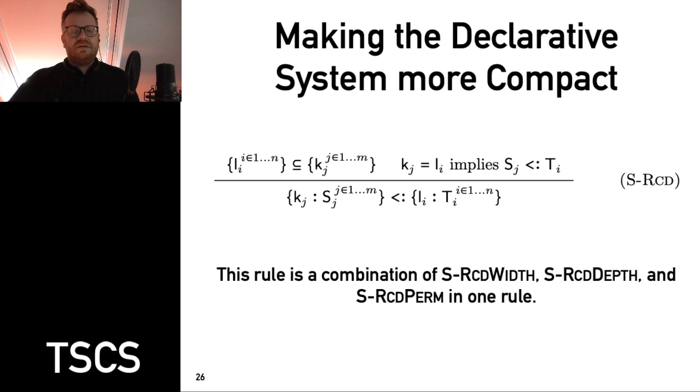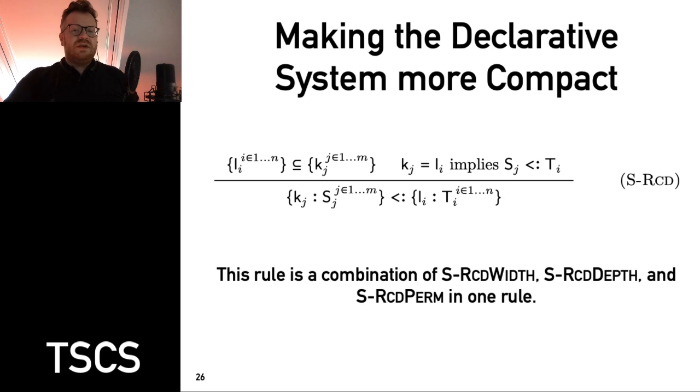Good. And also, we need to make the declarative system a little bit more compact to do that. The first rule to do this: we looked at three record typing rules before, the sRCD width, the sRCD depth, and the sRCD perm rule. And we can do this a little bit easier.